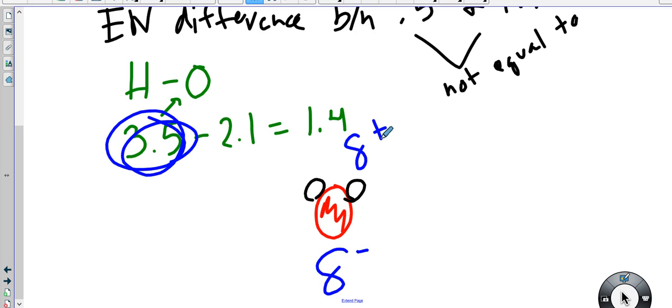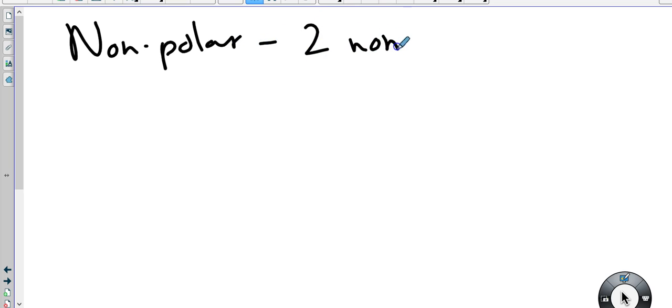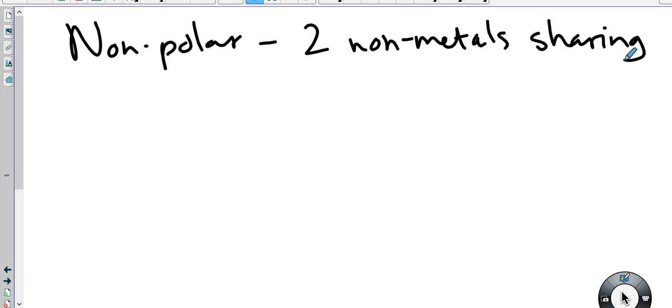Moving on. Next is nonpolar covalent, and this is, again, two nonmetals sharing electrons. Again, we're sharing, we're not taking. Covalent sounds like cooperate, like it works together. Nobody takes the electrons.